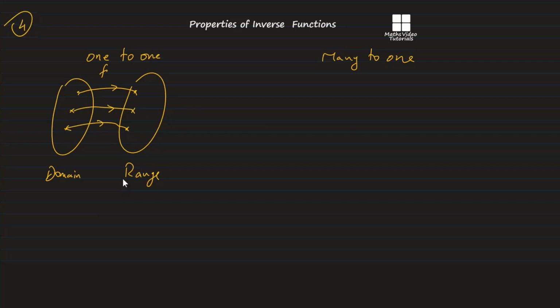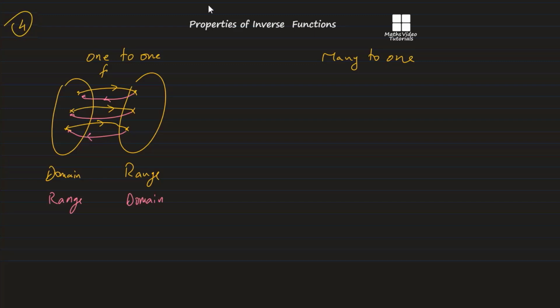Now, if I did the inverse of f, then I would go the opposite direction, start from the range, and go back to the domain. So this will be my domain. This is my range. Same thing here. Same thing here.